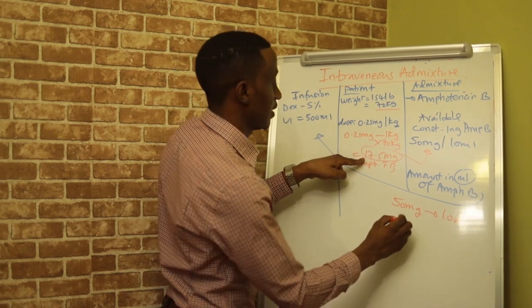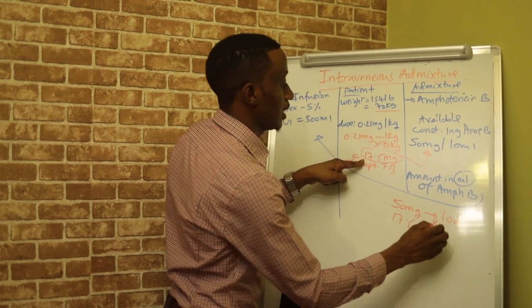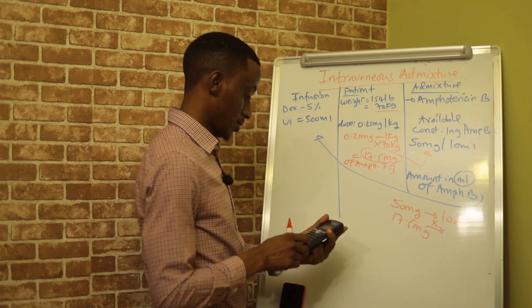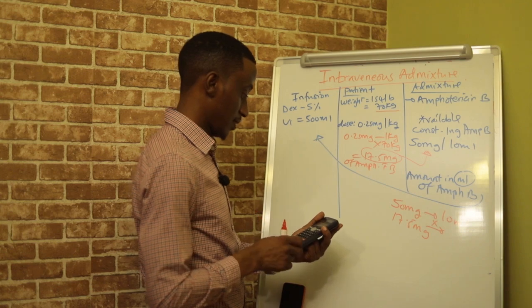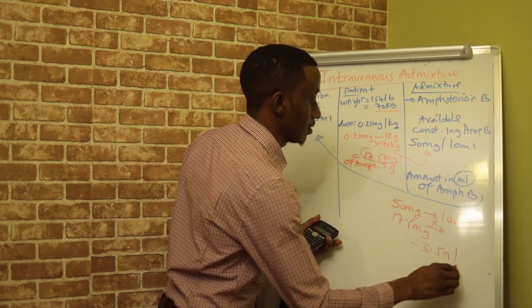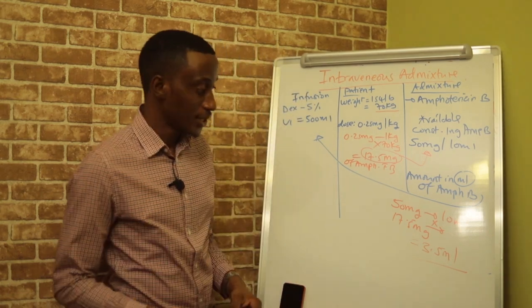Then 17.5 milligrams required are contained in how many mils? Multiply by 10, divide by 50. This is 3.5 mils. Okay, the practical implication of this, how do we do it?